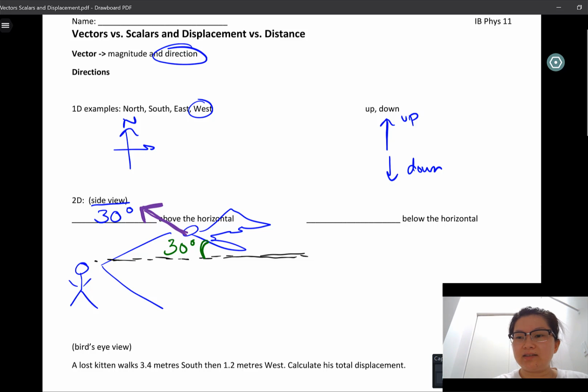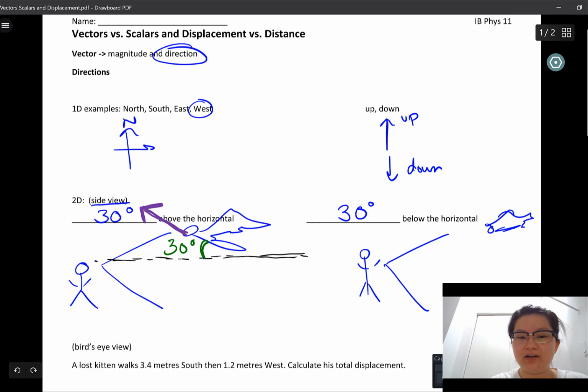Next up, we have below the horizontal, similar to above the horizontal, except we have this guy, Norwas, looking from the side, and this dragon here, oh shoot, he's flying downwards. Very bad drawing. Anyways, he's flying down like this. He's doing a nosedive, maybe going after somebody.